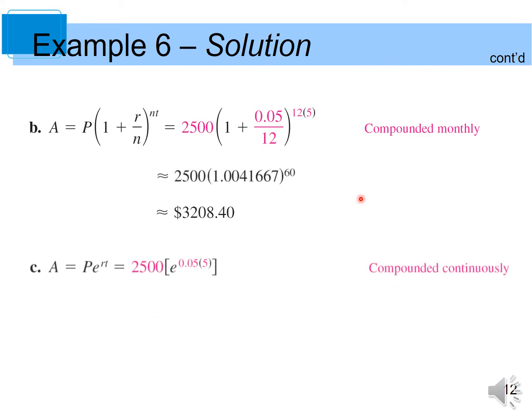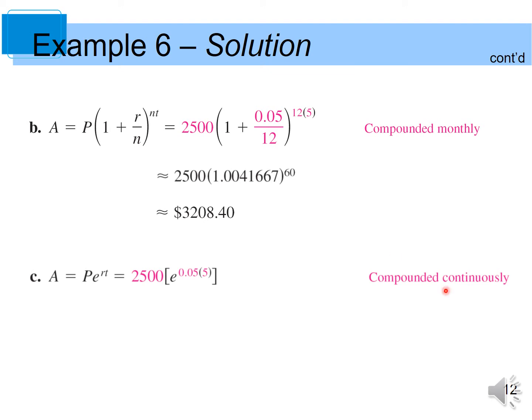For C, because it is compounded continuously, we use the second formula. P is given, R is the annual interest rate 0.05 and the time is 5 years. And this is the answer.